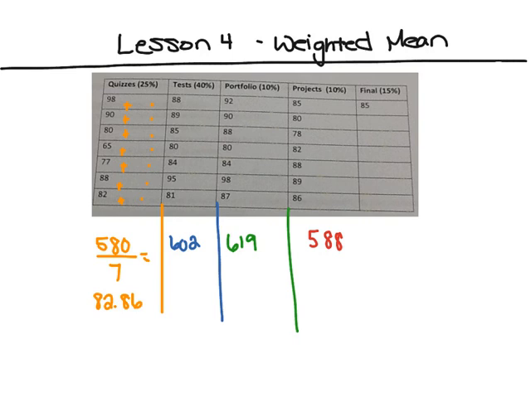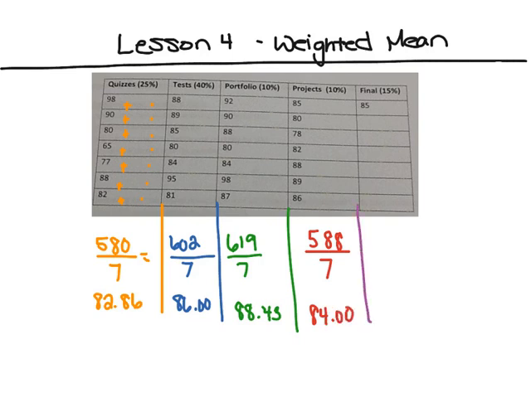So we're going to take each of those numbers, divide by 7. For tests, you should get 86.00. For portfolios, you should get 88.43. And for projects, you should get 84.00. And the final is worth 15% and is an 85.00.